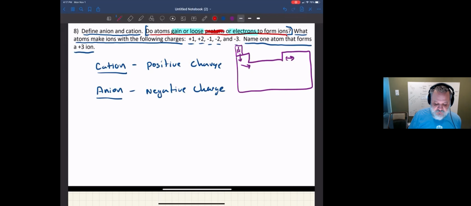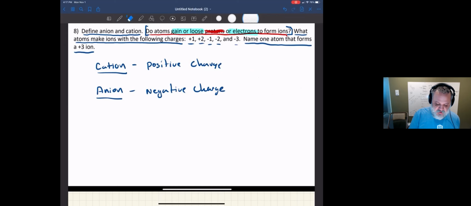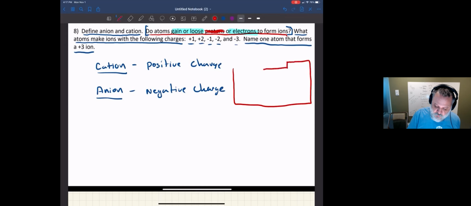All right, what atoms make ions with the following charges? So again, let's refer to our basic periodic table, because the periodic table will help you predict which atoms form what ions based on their position in the periodic table. It's pretty straightforward. In group 1, we form +1 ions.